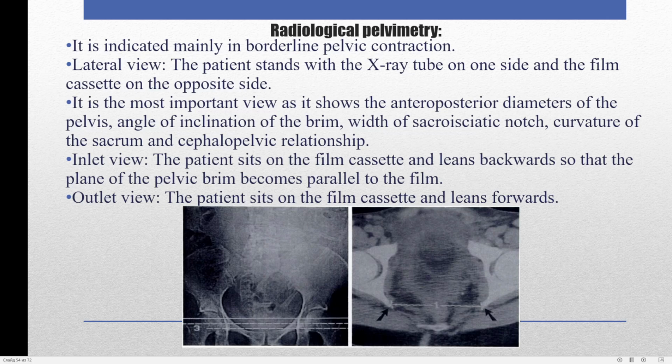Inlet view: the patient sits on the film cassette and leans backwards so that the plane of the pelvic brim becomes parallel to the film. And outlet view: the patient sits on the film cassette and leans forwards.